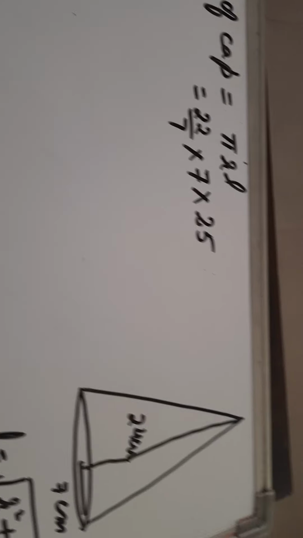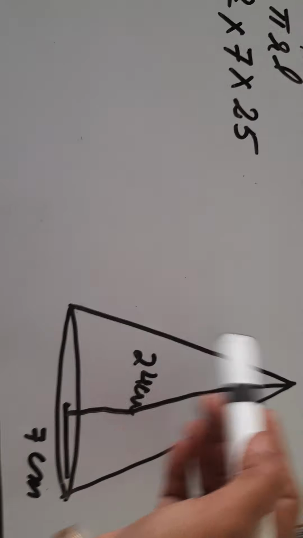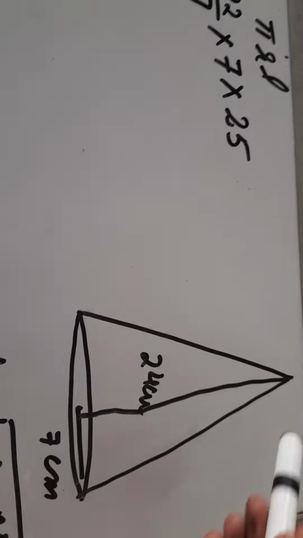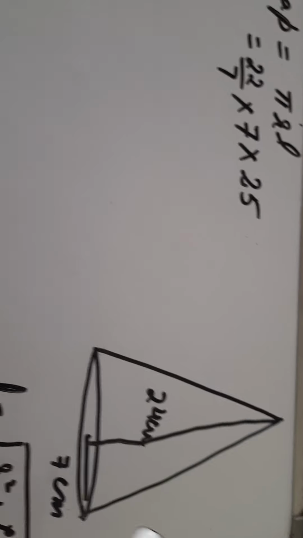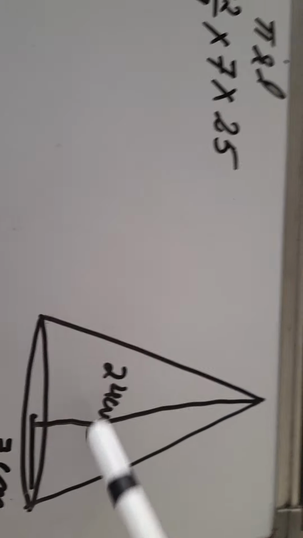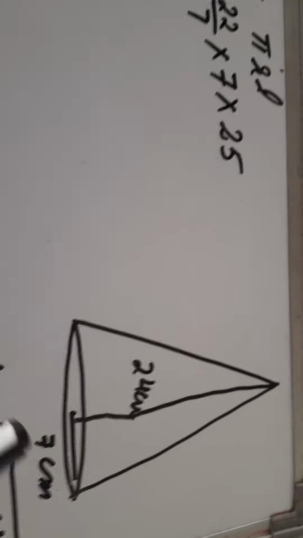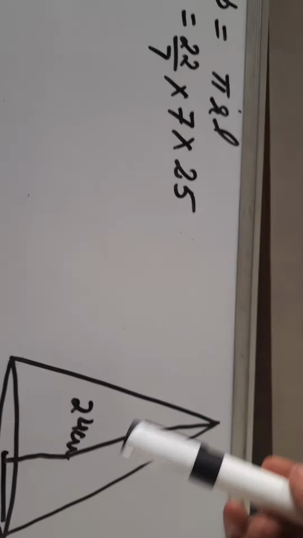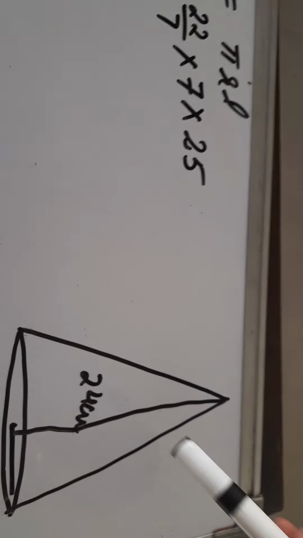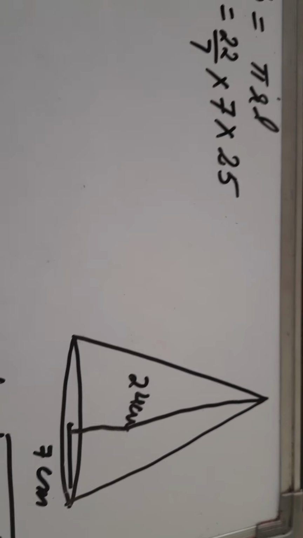Now, dear students, according to our common sense, what do you know about a cap? You all know that while making a cap, we need the paper or the fabric only to make the curved surface area of the cap, right? Means no base is required. We used to put the paper in making this joker's cap only for curved surface area, right?